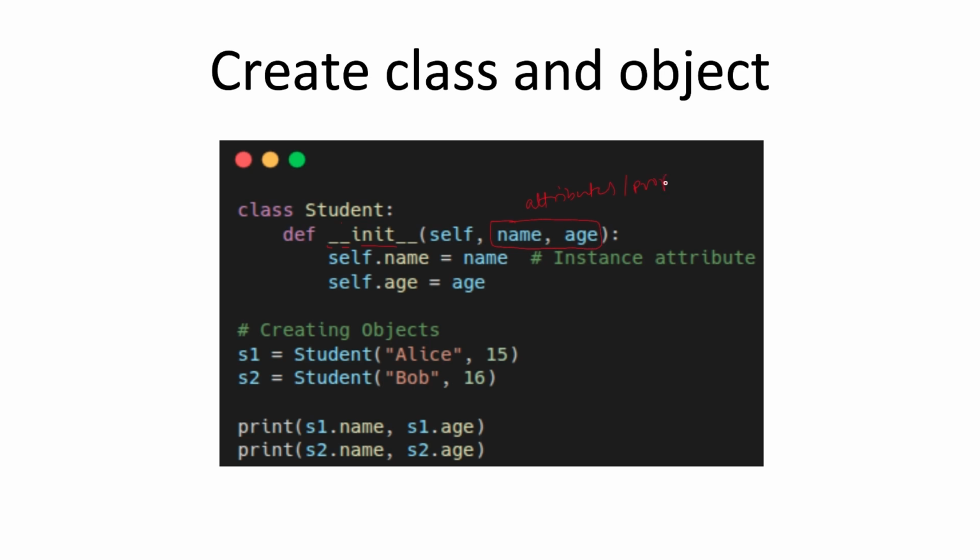Here is the class name, Student, and here we pass these arguments and create the object. The dot is known as the membership operator, and with it we access these members.